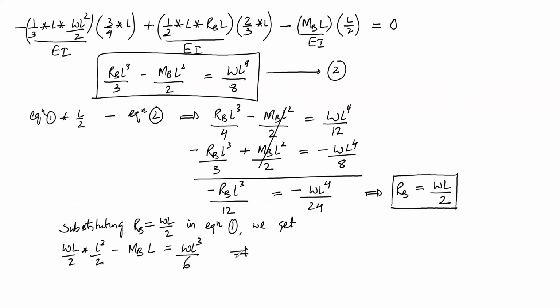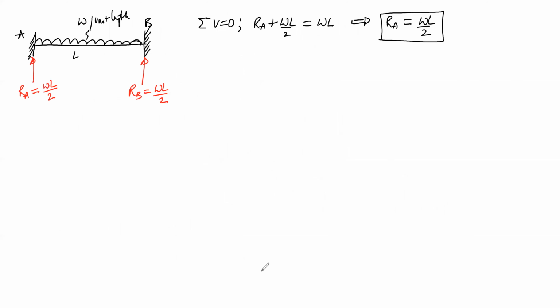So if we simplify this, we can find the value of MB, which will be WL square by 12, right? So here, along with RB and RA, we have also found the value of MB, which is WL square by 12.